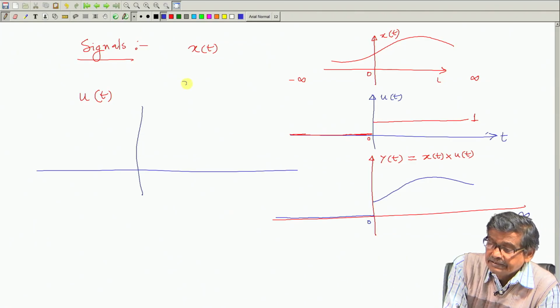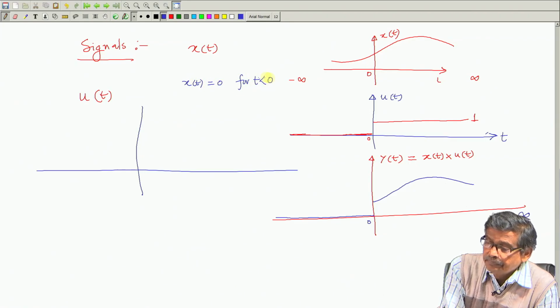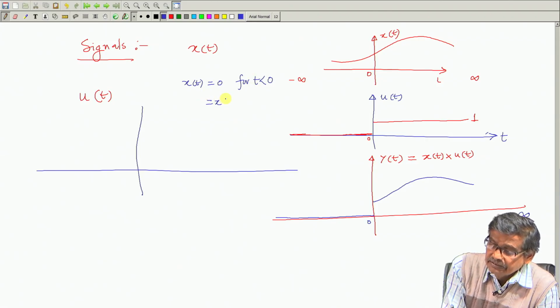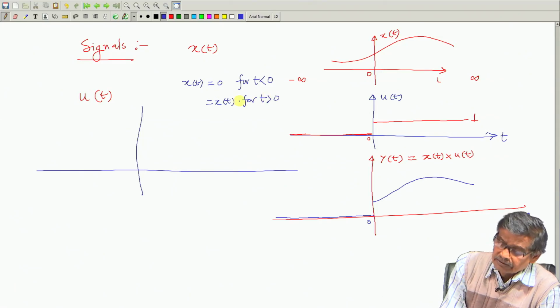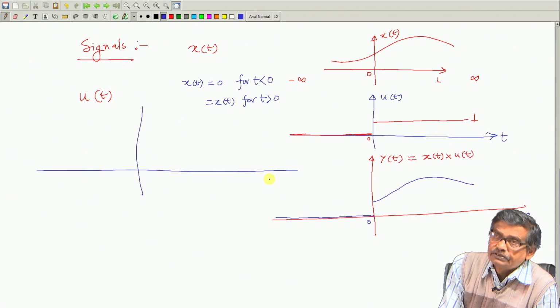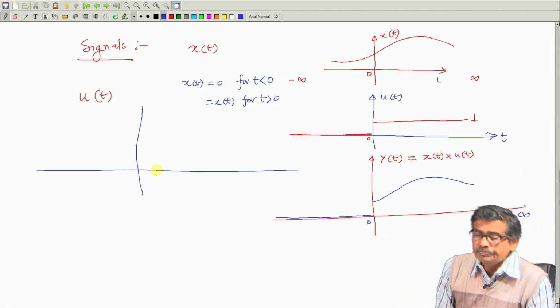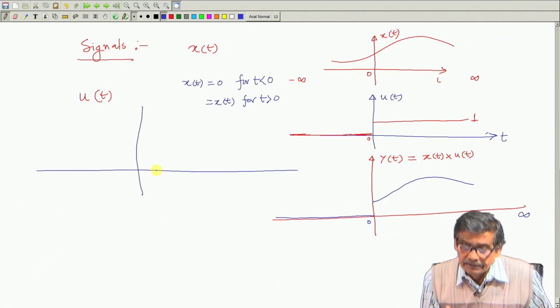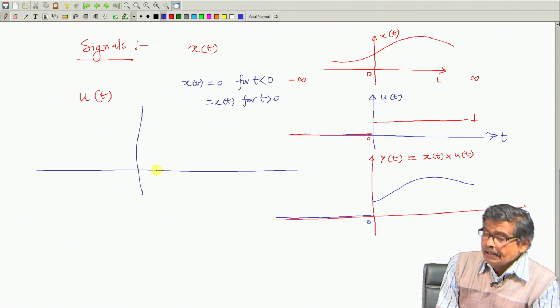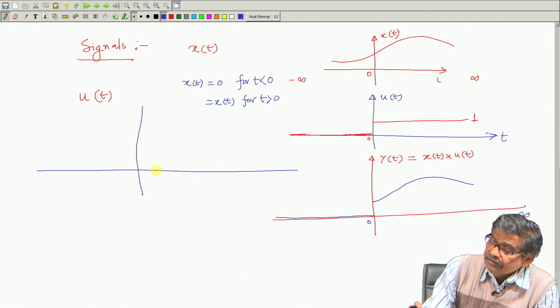That is, x(t) is equal to 0 for t less than 0 and x(t) is equal to x(t) for t greater than 0. That is how it is for signals which start beyond t equal to 0. Before that, I will presume the signal is not present. So, the unit step function and this one.